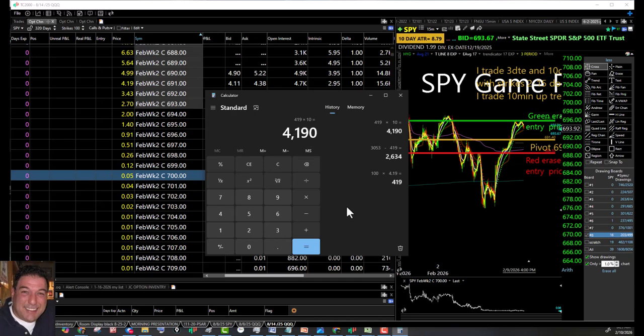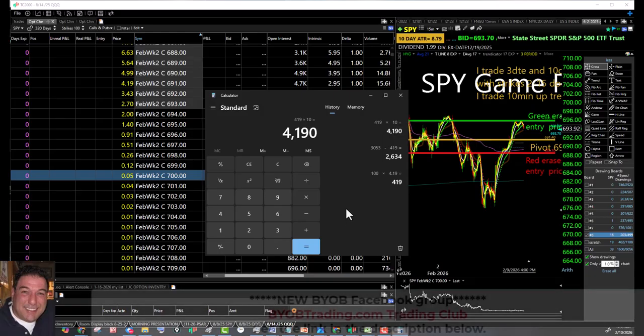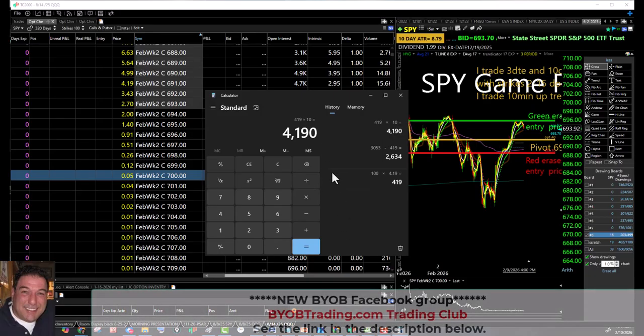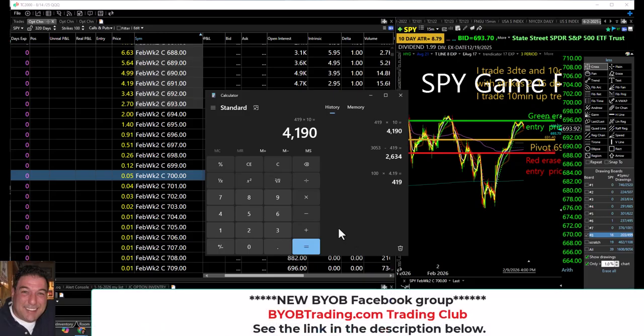See, I like to keep some extra in case the price dips a little bit and I need to bring my cost basis down to where price is trading. I would have to actually buy a couple more contracts to bring my average down so that I can be relevant where price is trading at the current place in time. So for that reason, I choose the out of the money contracts.